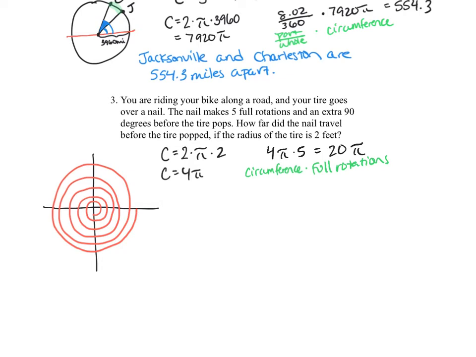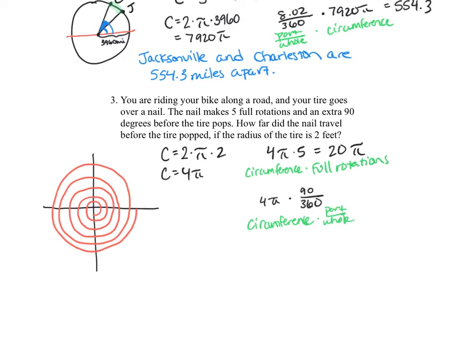So if we want our fraction, we're going to do 4 pi times 90 over 360. This time I did circumference first. It's fine either way. You'll have your circumference times part over the whole.